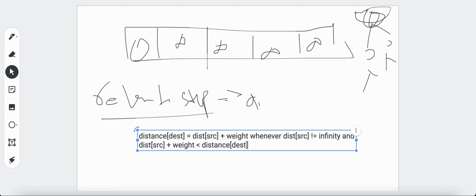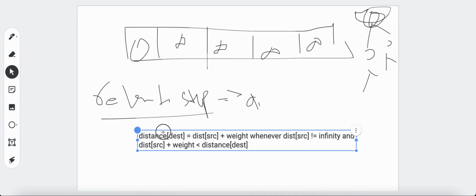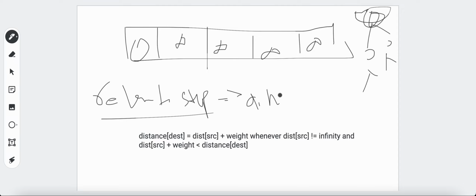Whenever this condition arises, that is what we call a relaxation step, and this relaxation step will be done n minus 1 number of times.